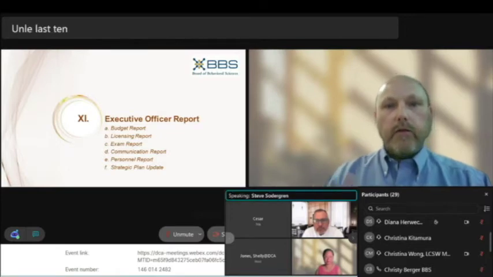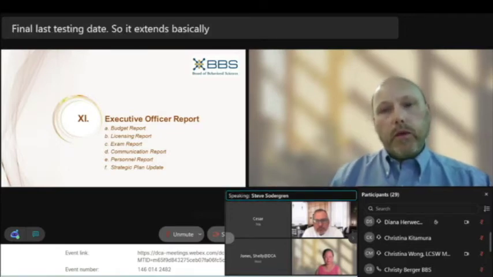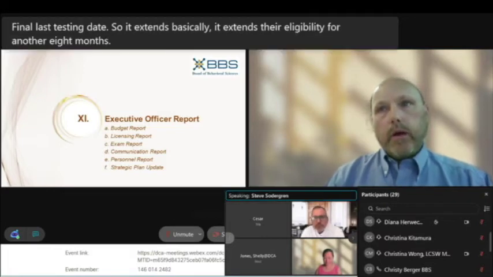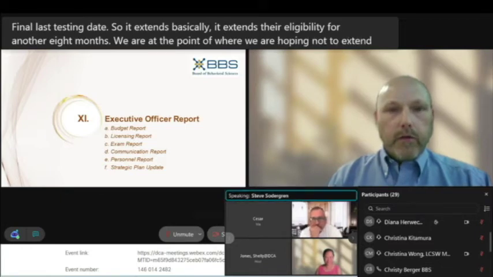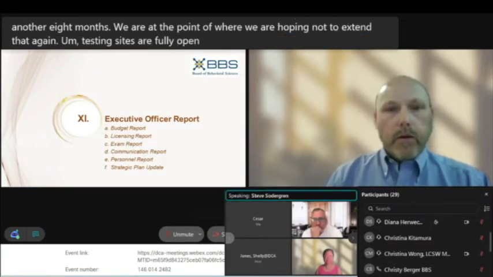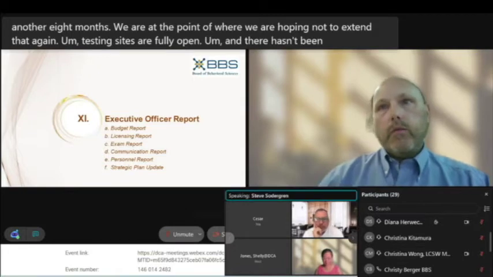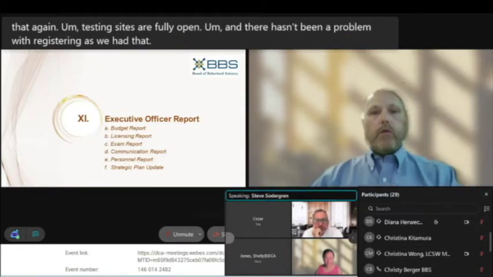So it extends their eligibility for another 8 months. We are at the point where we're hoping not to extend that again. Testing sites are fully open, and there hasn't been a problem with registering as we had back in 2020.